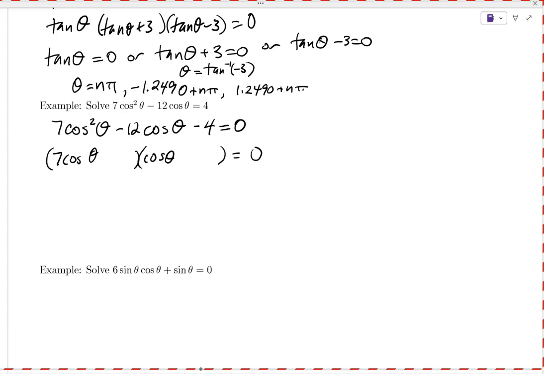What do I need to use for my constants in order to get a -12? Good news is that 4 doesn't have a lot of factors, right? You get 1 and 4 or 2 and 2. That's all you got. What do you need to use? +2 and -2. Yep, good. Notice when you put the -2 on the right one, you get a -14 cosine theta, and then the +2 will make up the difference there.